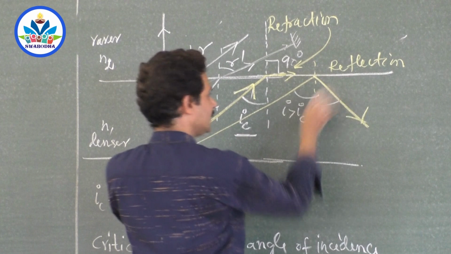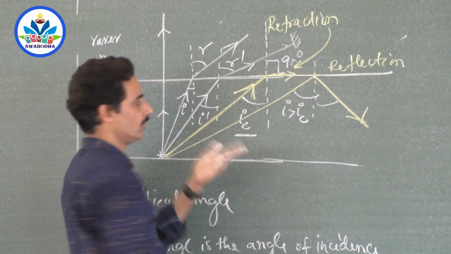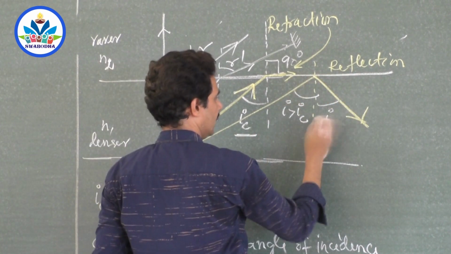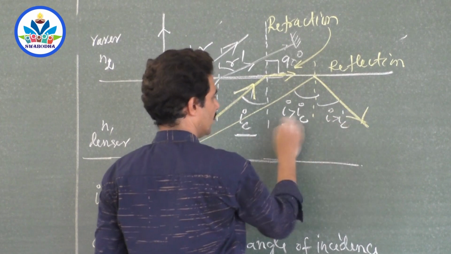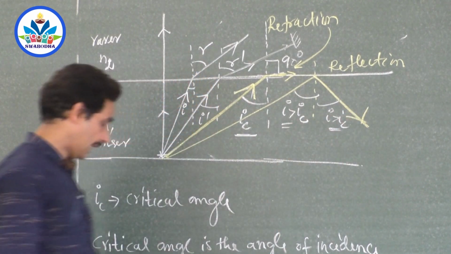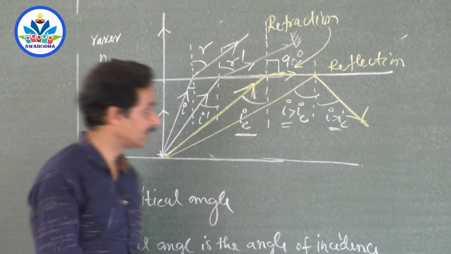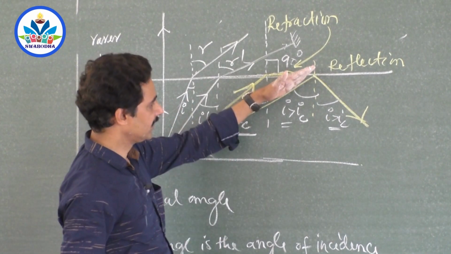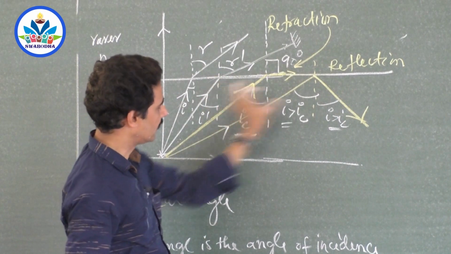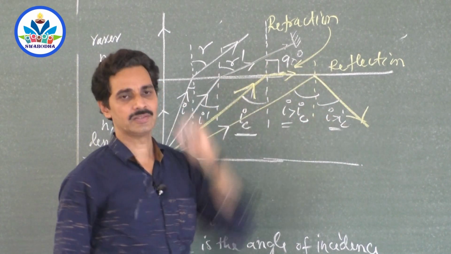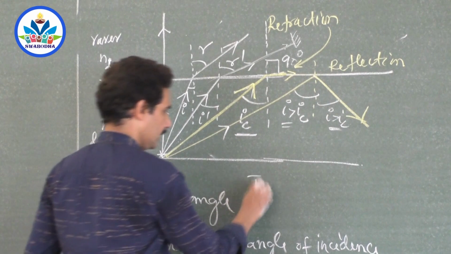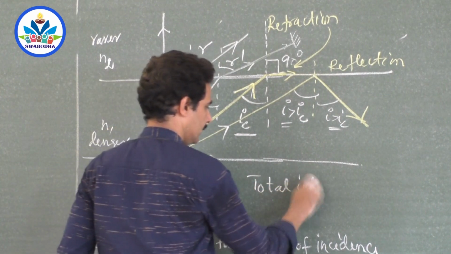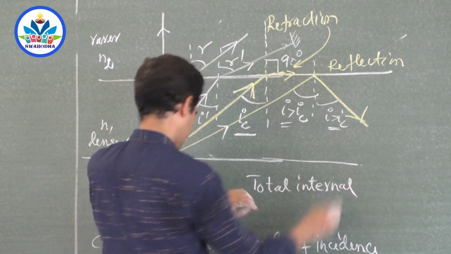Now this is following the law of reflection, so this should be I greater than IC. So if the angle of incidence is greater than the critical angle, more than this one, the ray reflects back to the same medium, and we call it total internal reflection.